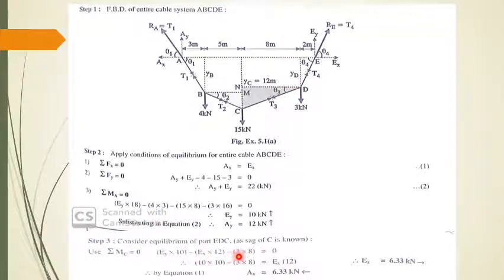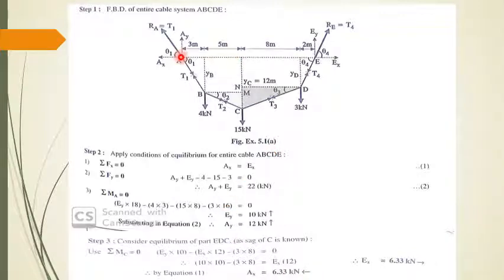This is again a clockwise moment, that equals 0. Here we know the value of EY from the previous equation. I substitute the value of EY and I'll get the value of EX as 6.33 kilonewton. It is on the right hand side, and opposite AX will be the same, that is 6.33 kilonewton acting towards the left. This way we find out all the reactive forces in the cable.